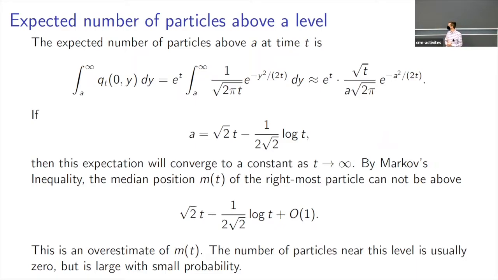What happens here is something that happens quite often in the study of branching Brownian motion, which is that the expected behavior is not the same as the typical behavior. The expected number of particles above this level is of order 1, but the actual number of particles above this level is 0 most of the time, but it's very large with very small probability. So in a typical realization of the process, the position of the rightmost particle is not quite this far away from the origin.